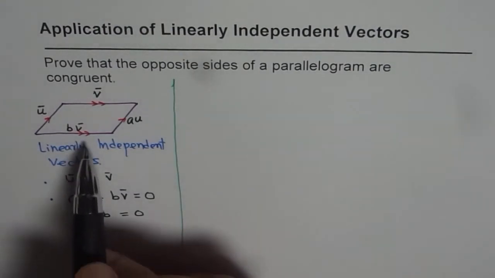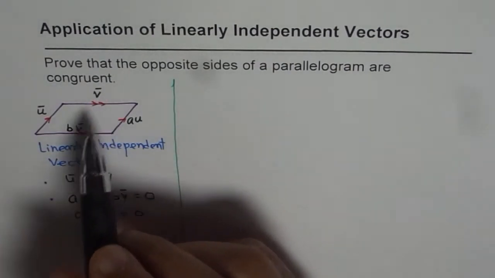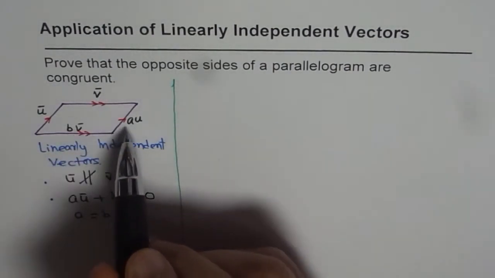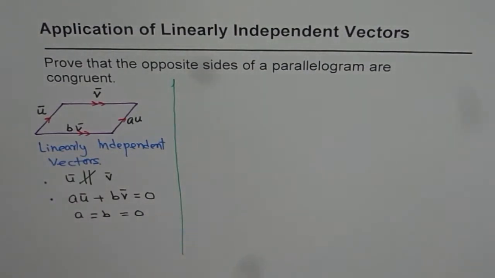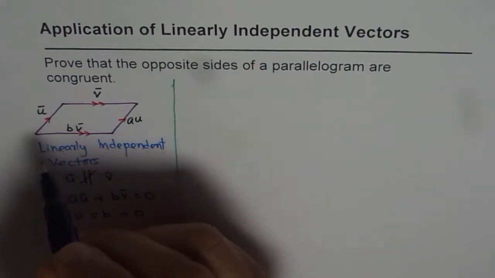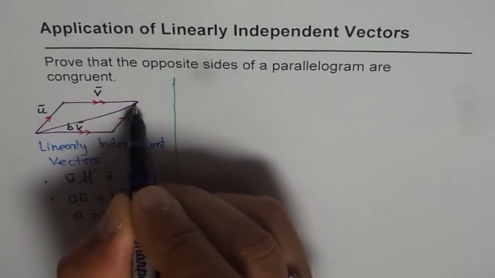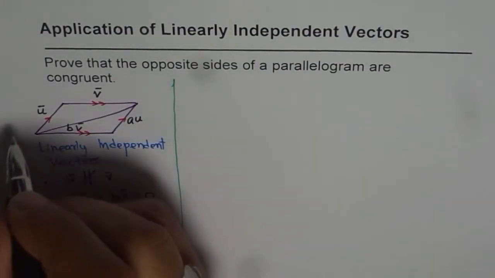So what we are assuming here is that the opposite sides are scalar multiples, of course, since they are parallel. So let them be bv and au, right? So that is how the opposite sides are. Now let me join the diagonal and label our parallelogram.